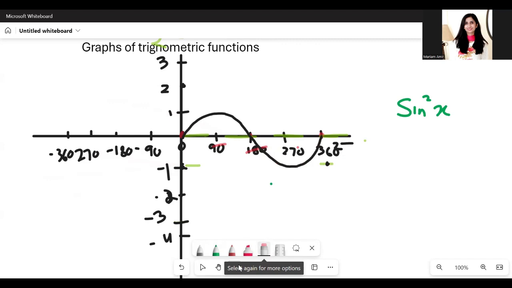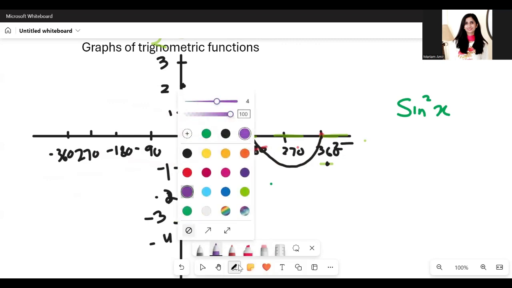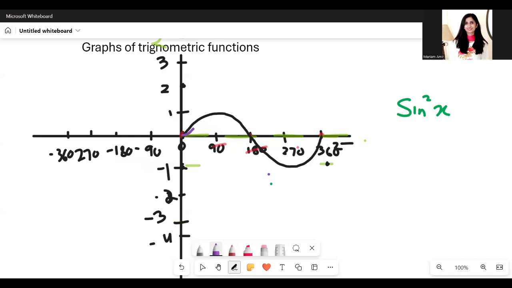So the graph of sine square x actually looks a bit like an M, like the M from McDonald's. It looks like this. This is the graph of sine square x, and its lowest value is 0, and its highest value is 1. That's the graph of sine square x.